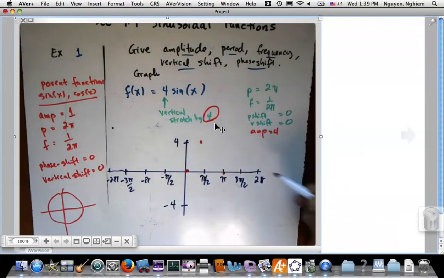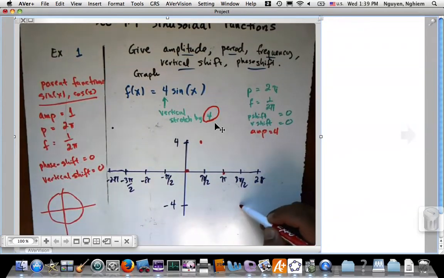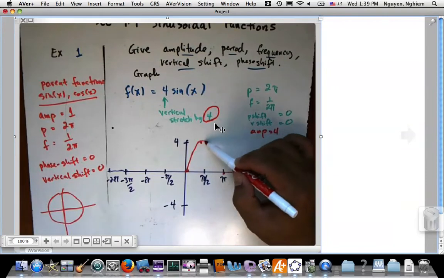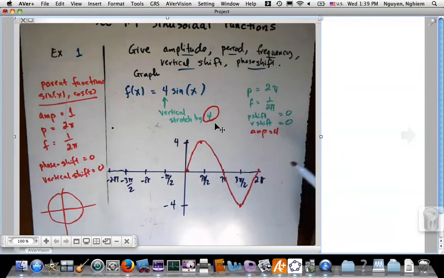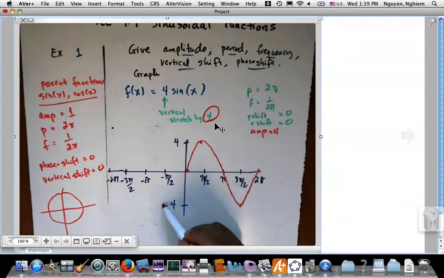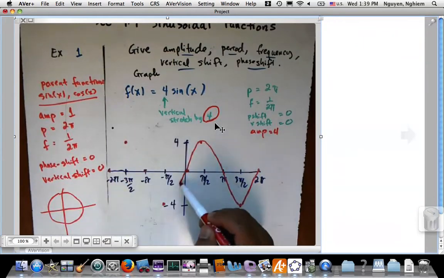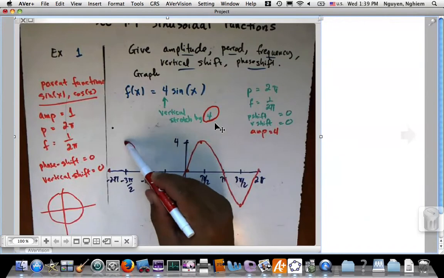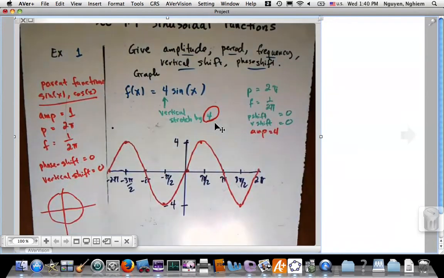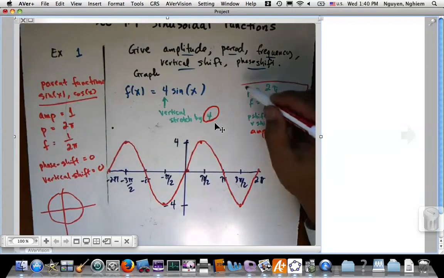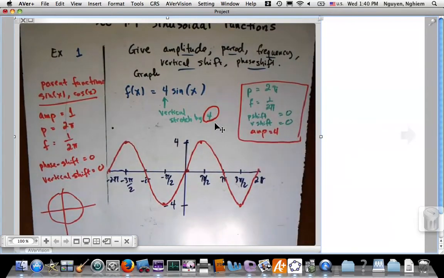It's going to hit 0 at pi, it's going to hit its minimum at -4, and it's going to go back here. So on the positive side, this is the graph that I have. Same thing with these points here. And there you go. That's a pretty solid graph. And these right here answer all of the parts that we were looking for.